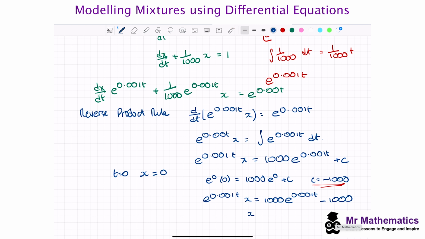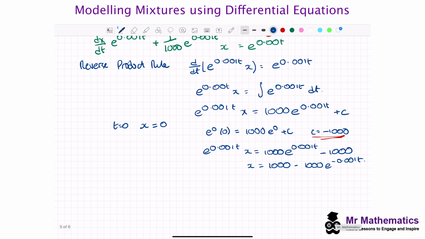So we're left with x is equal to 1,000 minus 1,000 e to the minus 0.001t. And we can factorize out this 1,000. So we get the amount of brine in the tank at time t will be 1,000 lots of 1 minus e to the negative 0.001t.